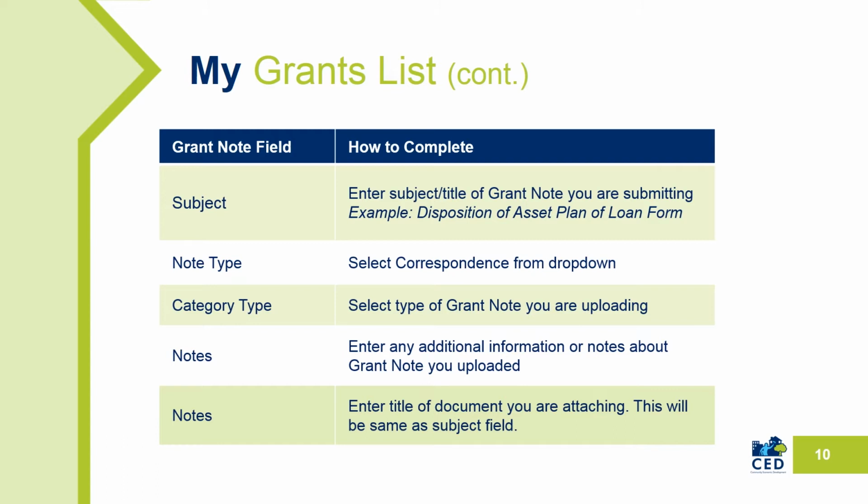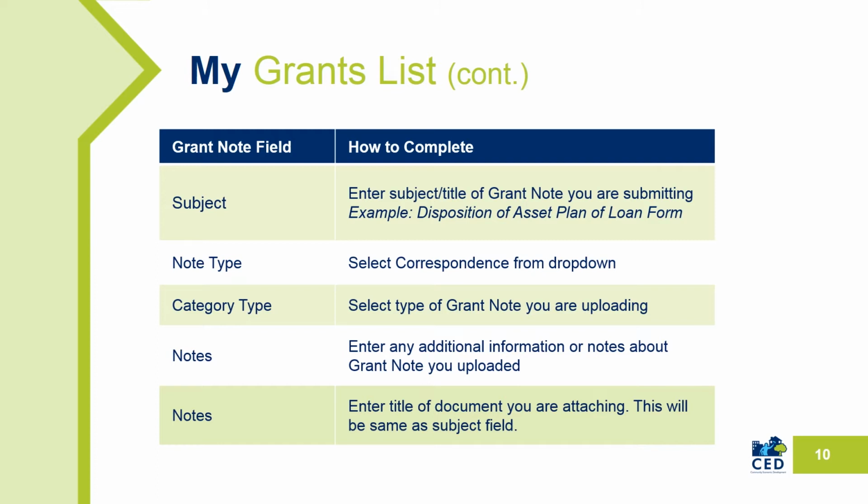You'll do this by selecting the Edit Grant Note icon we pointed out on the earlier slide. For the most part, this section will be helpful to upload documents that you would like your program specialist and grants management specialist to see, such as a Notice of Federal Interest or a Signed Disposition of Assets form.